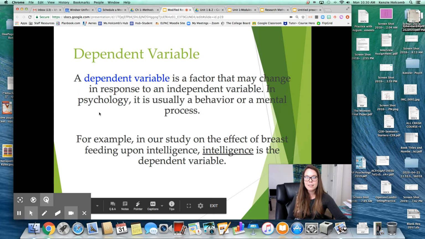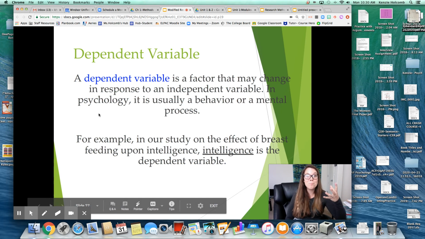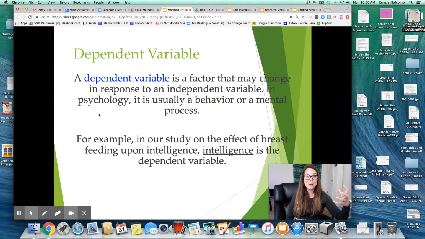So again, the independent variable is what is getting manipulated, what is getting changed by the doctors. All right. And then versus the dependent variable, which depends on the independent variable. So the dependent variable is what might change in response. So for example, in our study, the effect of breastfeeding upon intelligence is the dependent variable because that is what might change due to the independent variable, right?